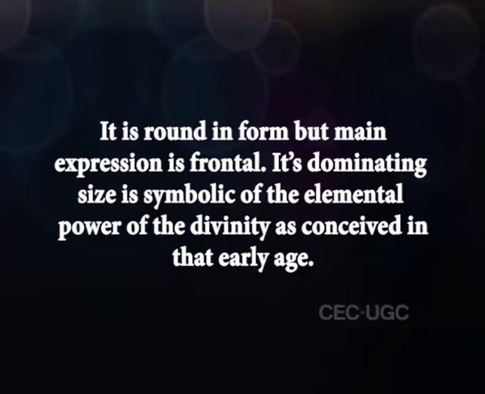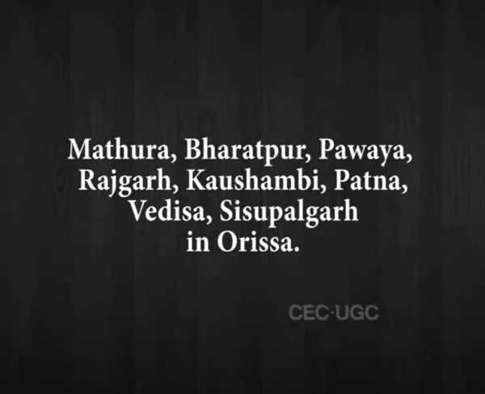Its dominating size is symbolic of the elemental power of the divinity as conceived in that early age. About two dozen figures have been discovered in Mathura, Bharatpur, Pawaya, Rajgarh, Kaushambi, Patna, Vidisha and Sisupalgarh in Odisha.